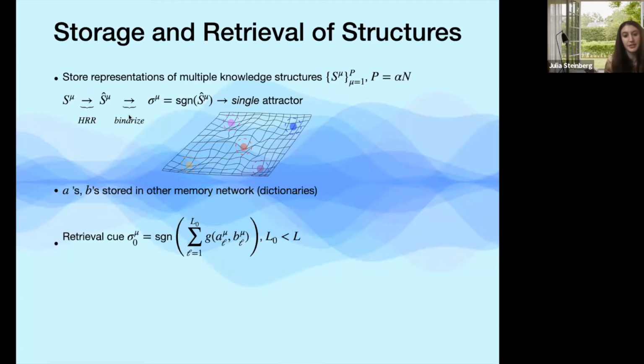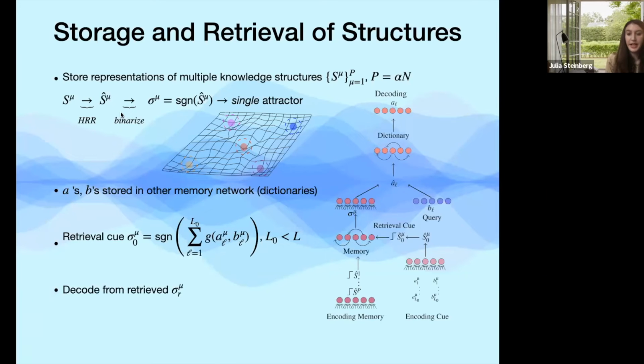Here, it turns out that instead you can take a few of the relations of the structure, create a little structure, and use that as a retrieval cue. Then, for the decoding, you can just directly take the memory that you've retrieved and use that for the decoding process.